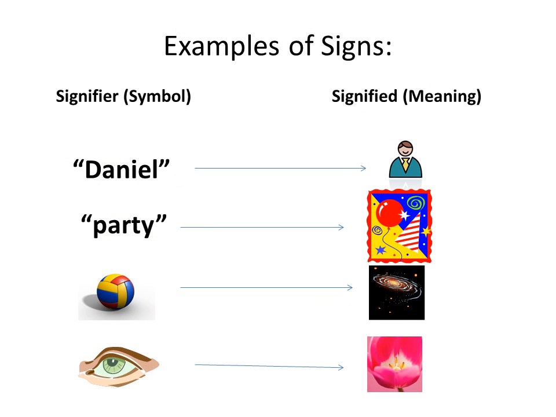The following pairs are examples of signs. 1. A name as a phonetic or written object, and the bearer of that name, the physical person, like Daniel and the person named by this name. 2. A second expression or utterance like party and the corresponding situation, event, or action it refers to.